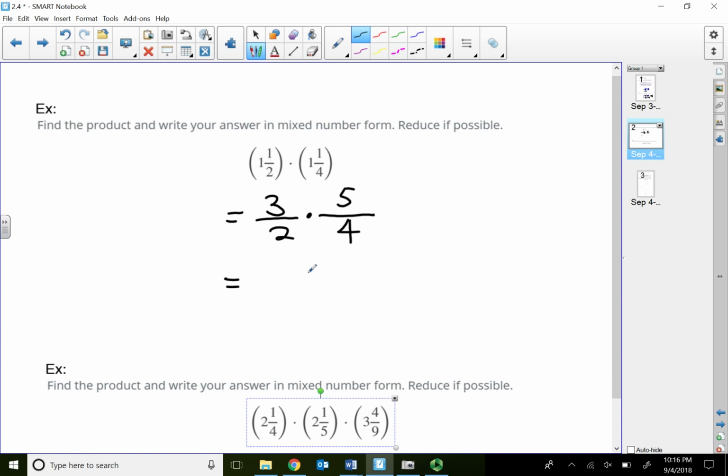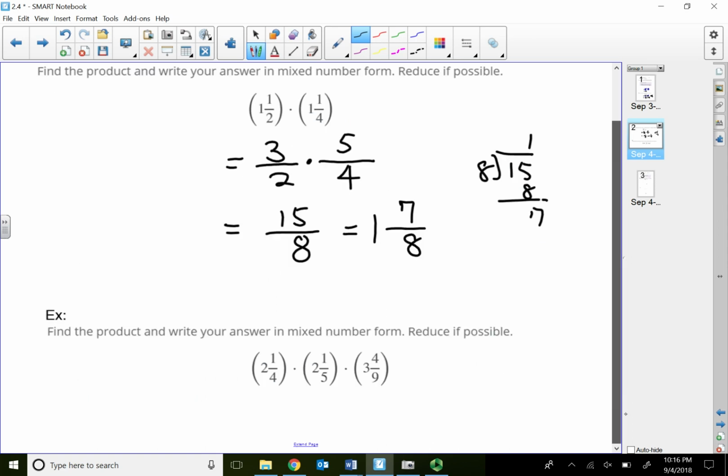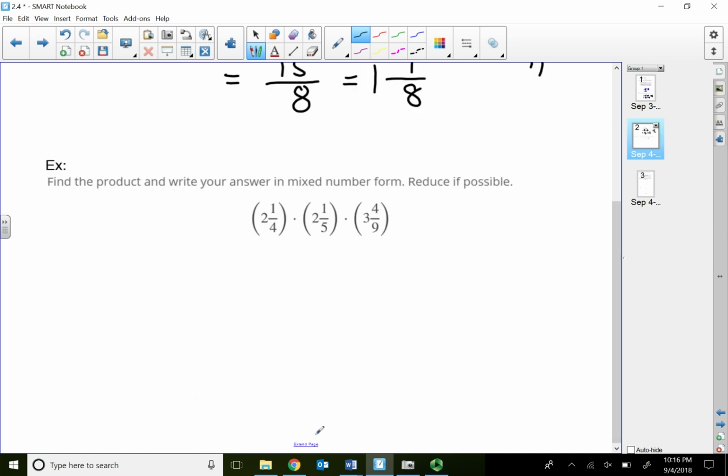So multiply side by side, that's 15 over 8. 8 can go into 15 one time. If I subtract, my remainder will be 7. Denominator is still 8. So that's 1 and 7 over 8.